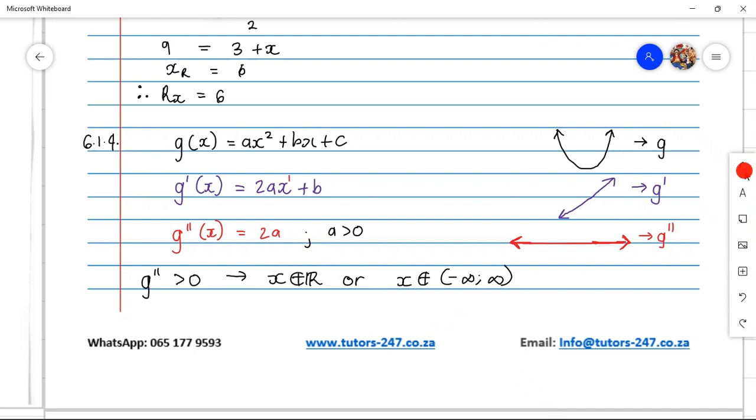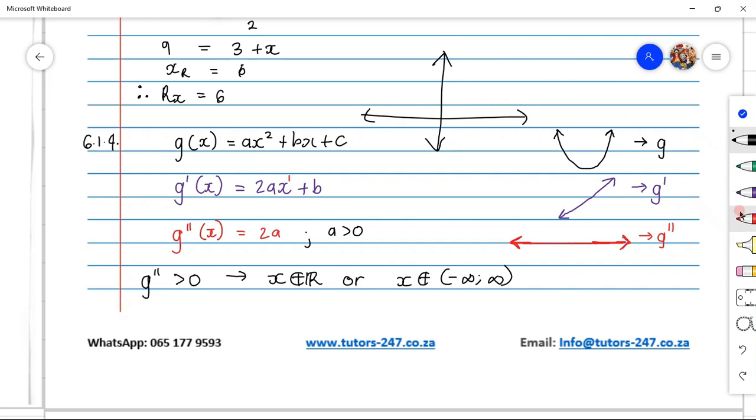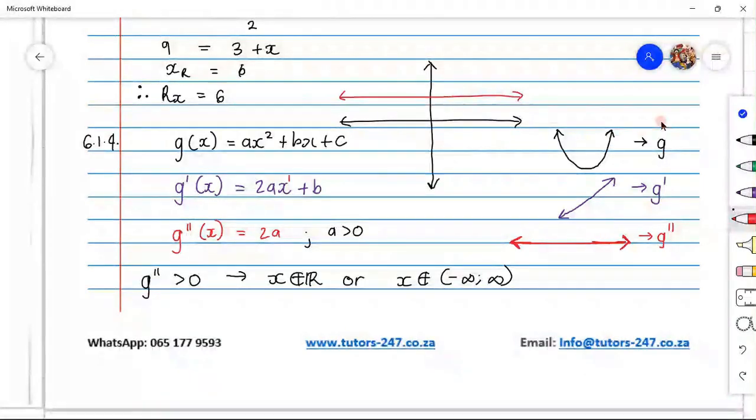If we were to draw this function of g second derivative, it's basically going to be a horizontal straight line in the positive y area of our axis. It's never going to be in the negative area of our y-axis, because our original parabolic function was a smiley face parabolic function, or an a greater than 0 parabolic function. That results in a second derivative that is positive.